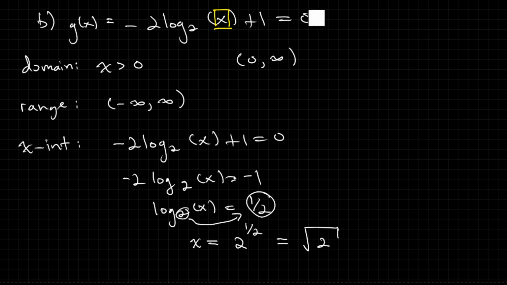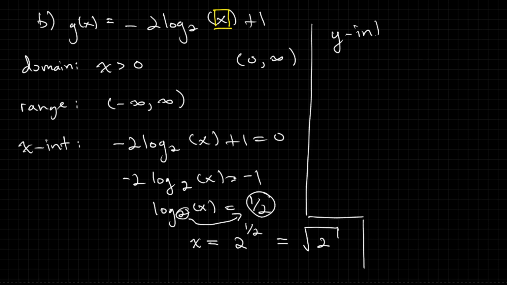Now I think I can fit my y-intercept on here as well. So let's find the y-intercept. And remember, to find the y-intercept, we set x equal to 0. So negative 2 log base 2 of 0 plus 1. However, 0 is not in the domain of the logarithm. So this quantity that I've written, negative 2 log base 2 of 0 plus 1, is not defined.